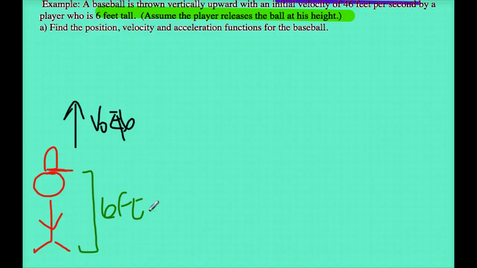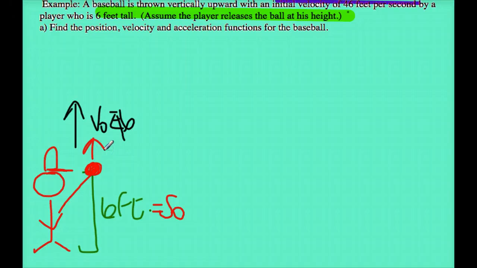Now, where is the ball gonna start? This says he's releasing the ball at his height. So he's actually throwing the ball when it's right here at his height. So this 6 feet actually represents our S naught because it's telling me at time equals 0 when this first starts, I'm going to be right here, and then I'm going to go up.